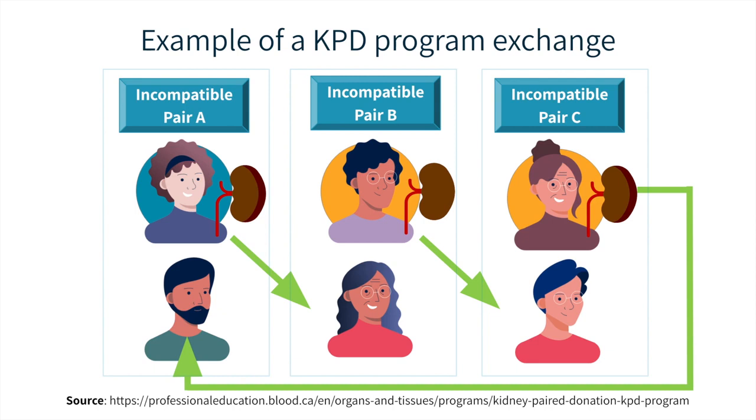Here, donor A will donate to recipient B, donor B will donate to recipient C, and donor C will donate to recipient A. As you can see by this example, this process creates a chain reaction where each living kidney donor is donating a kidney to another recipient who is compatible, while ensuring that their original intended recipient still receives a living donor kidney transplant.